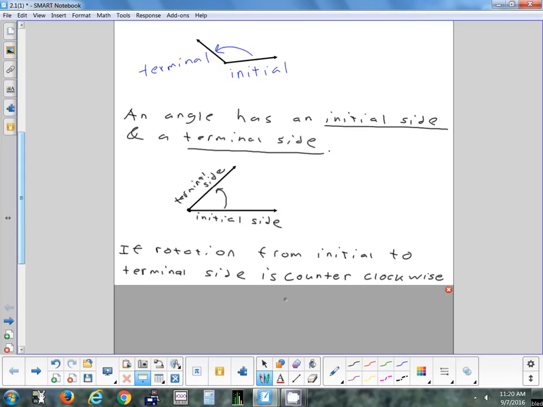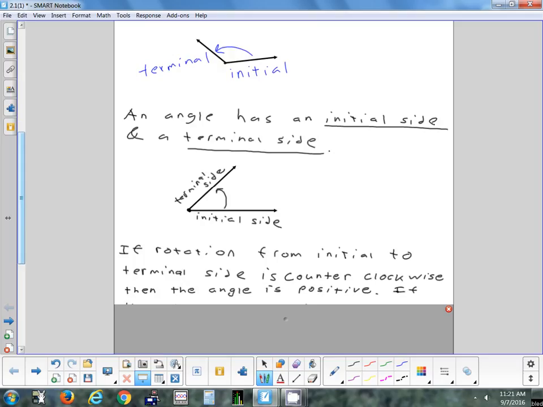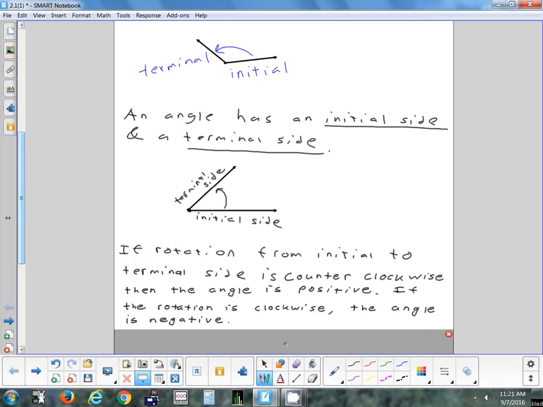And that direction that we rotated also has something to do with the kind of number we get when we measure an angle. Anytime that you rotate counterclockwise, you are measuring a positive angle. If you rotate clockwise, you're measuring a negative angle.